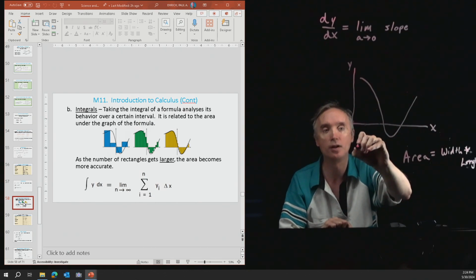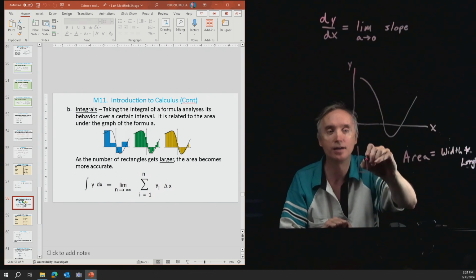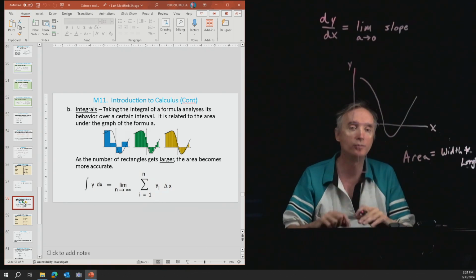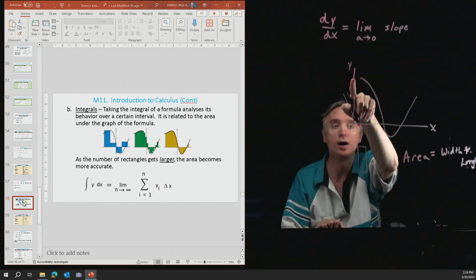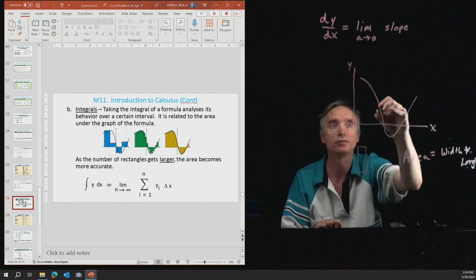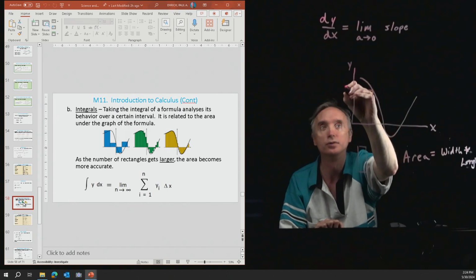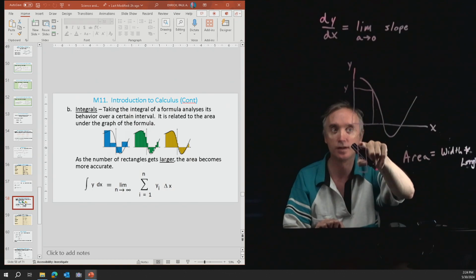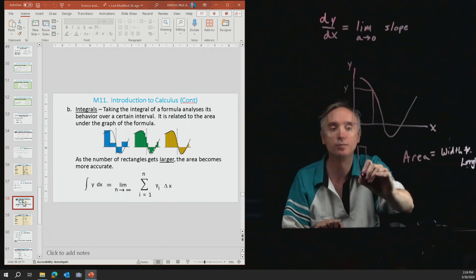We're multiplying the up and down part times the sideways part, and that gives us a rectangle, which is the area of it. The up and down part is the y. For this function right here, it's going to have a certain value of y, and that's going to be the height. And then the sideways part is going to be the x.